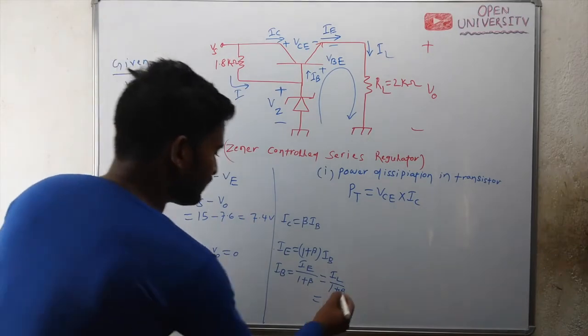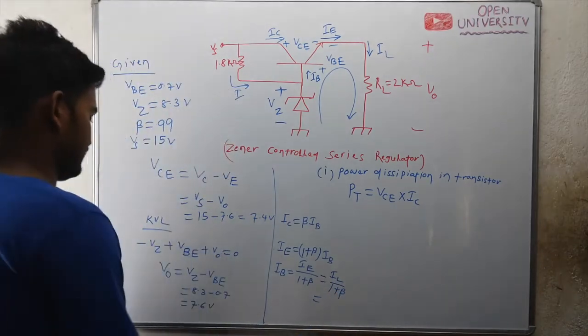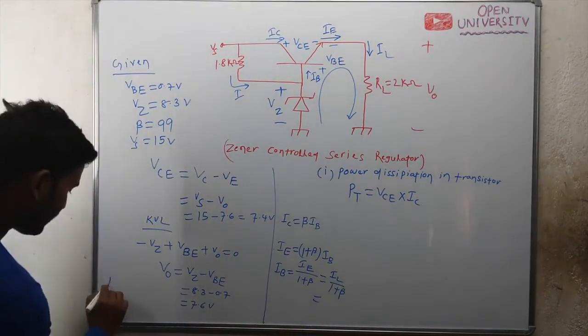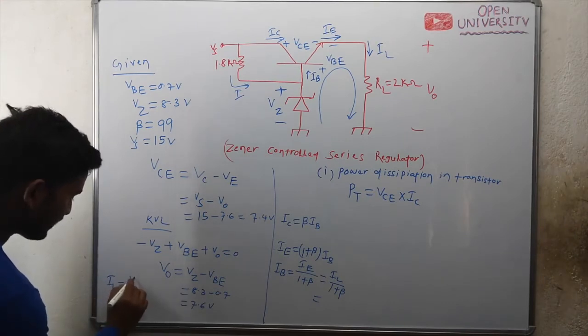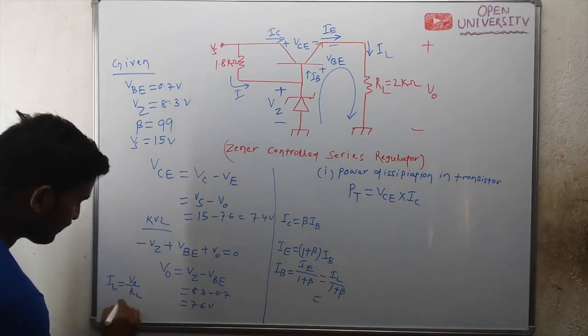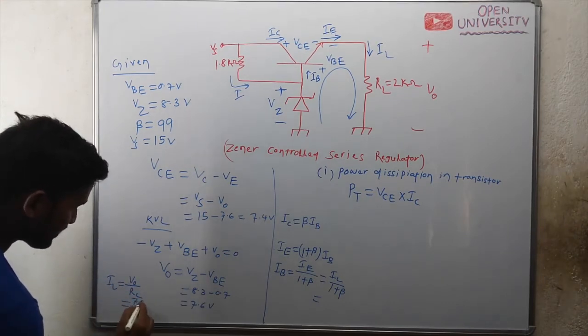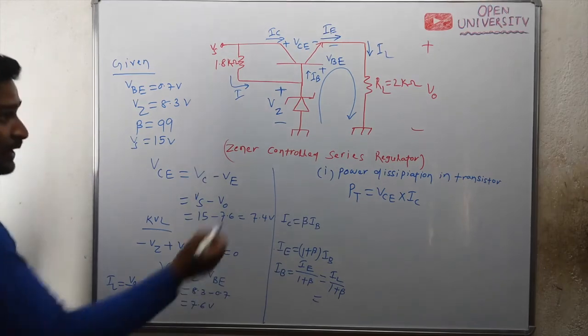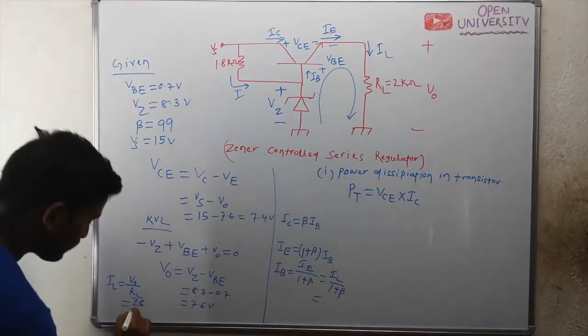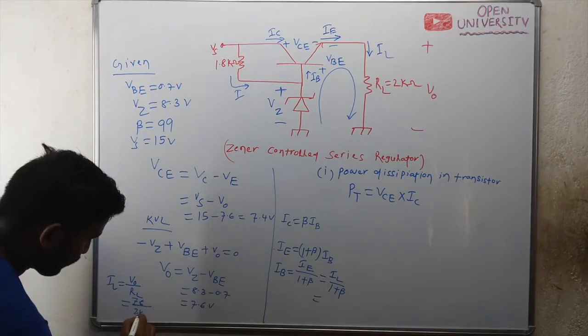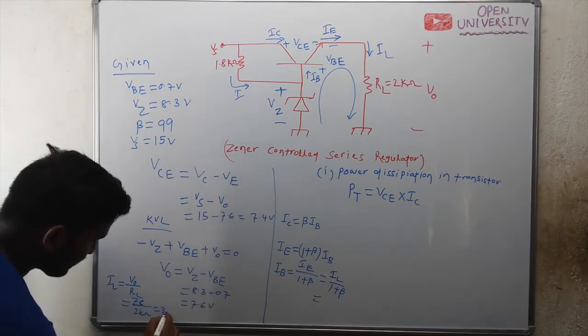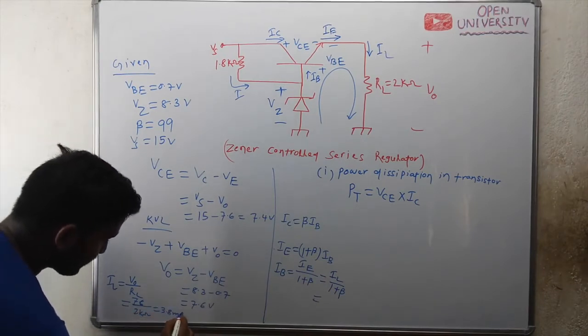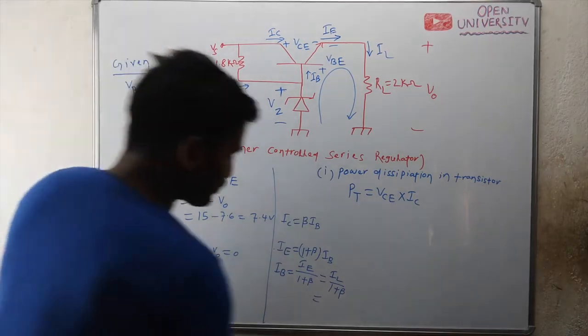How to get IL? IL equal to V naught by RL. V naught is 7.6, RL value is 2 kilo ohm, so 7.6 by 2 kilo ohm will be 3.8 milliampere. IL equal to 3.8 milliampere.